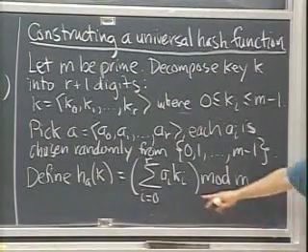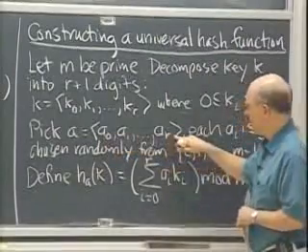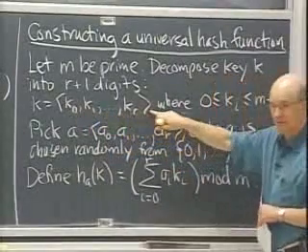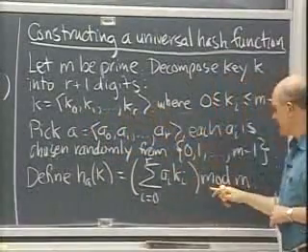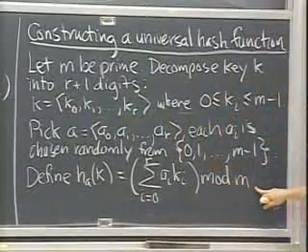What we do is we dot product this vector with this vector, and take the result mod m.